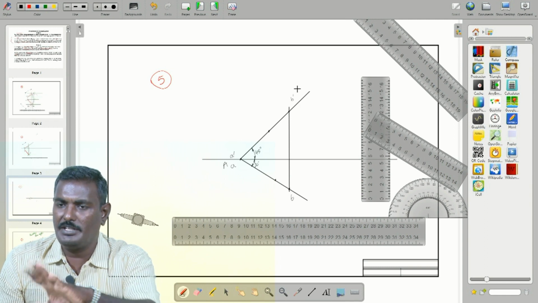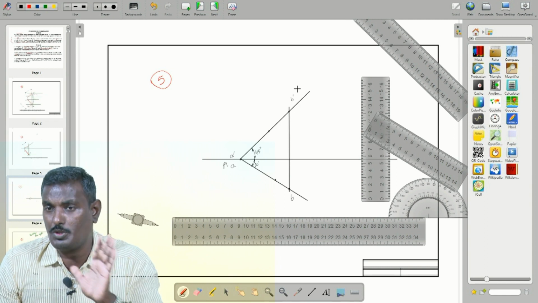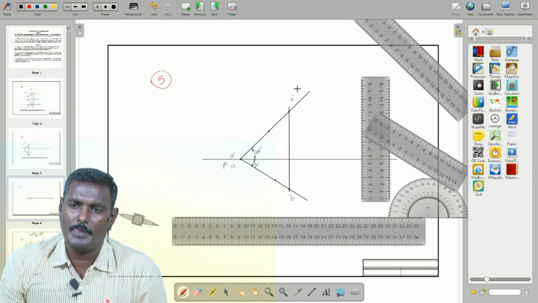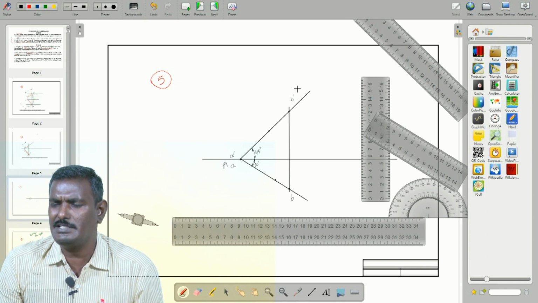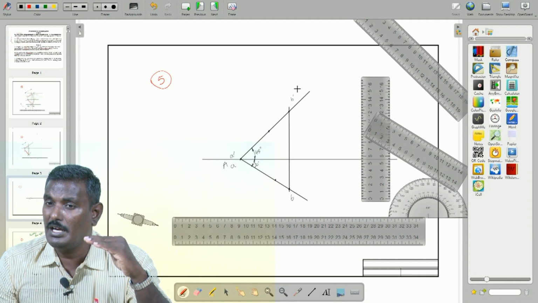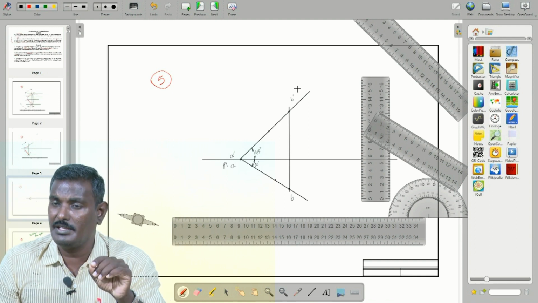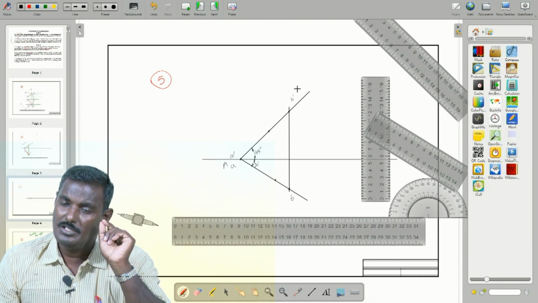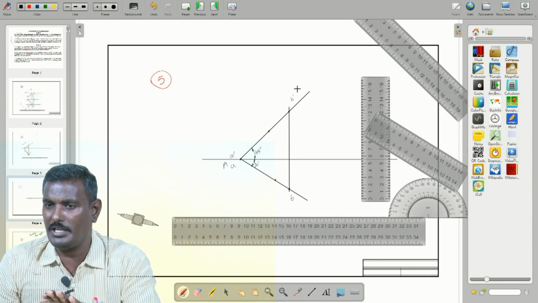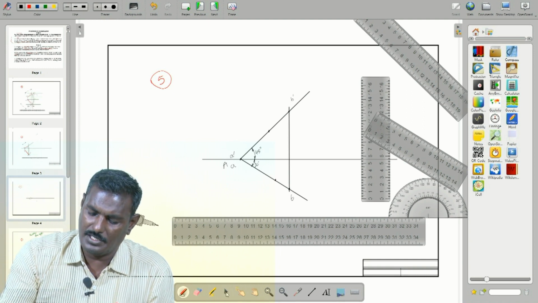So now it's completed. Projection is over. So how to determine the true length? It's very simple. What is the concept? Draw a locus line. One locus line is already there in the XY line, that is A. So capital A, small a dash, small a lie in the same XY. So now we have to draw.